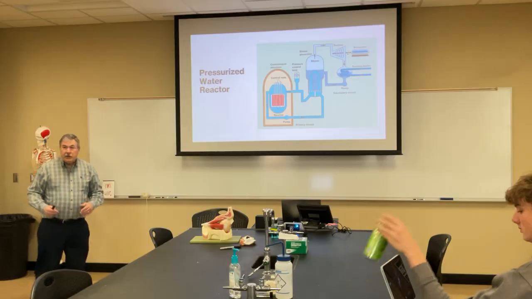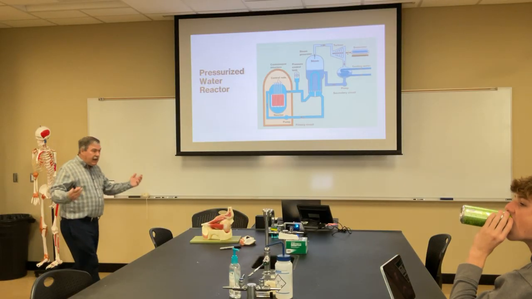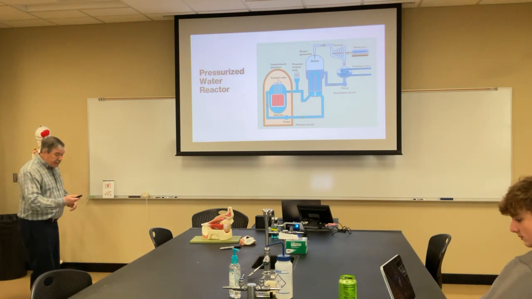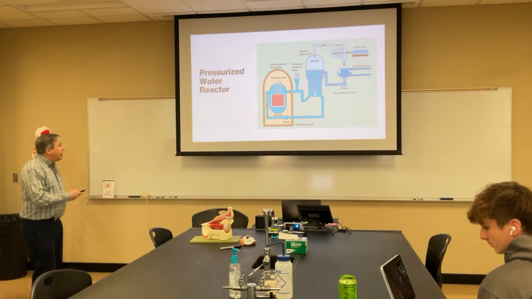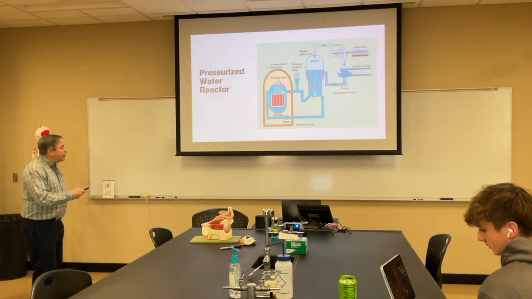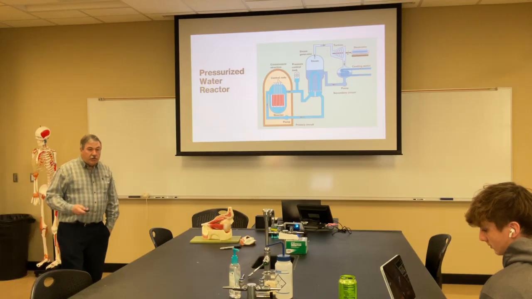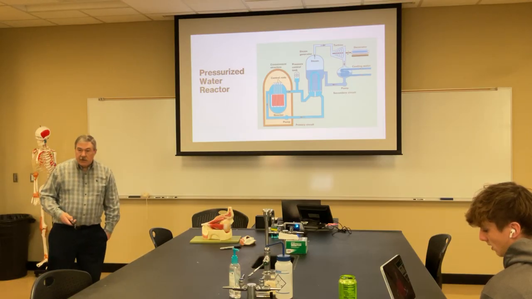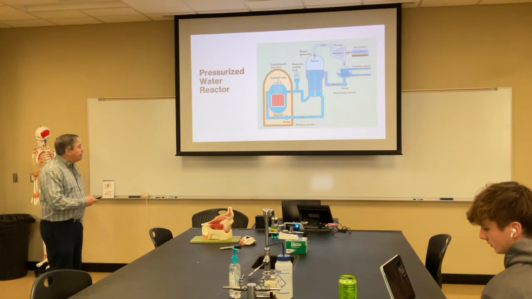That's to prevent any of the radiation from escaping into the environment from the fuel. So the fuel rods are within this containment building. These red rods that you see here, those are the fuel rods that contain uranium-235 that can spontaneously decay and start a chain reaction.